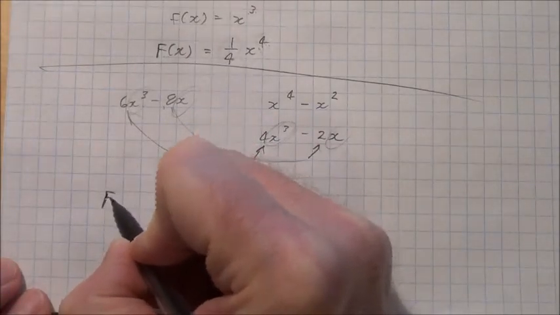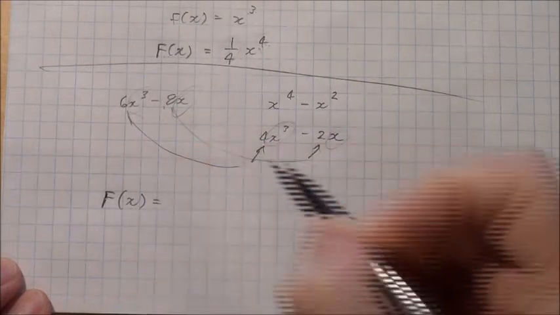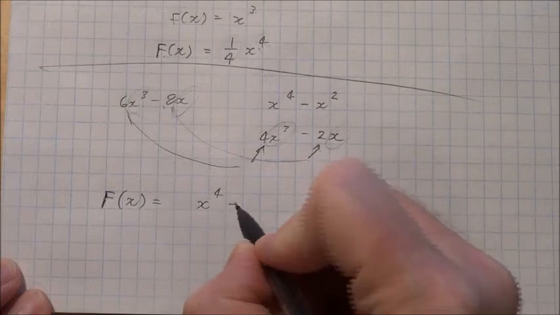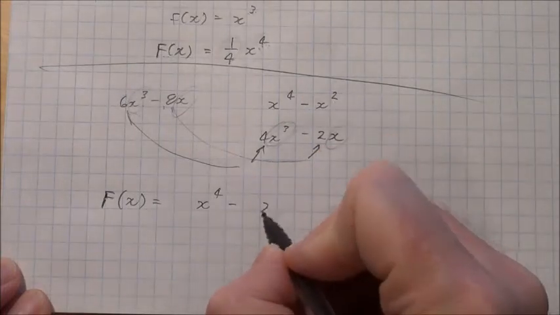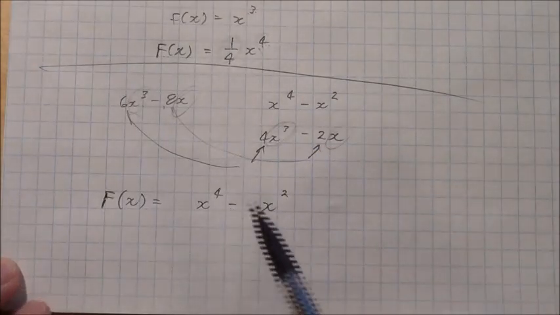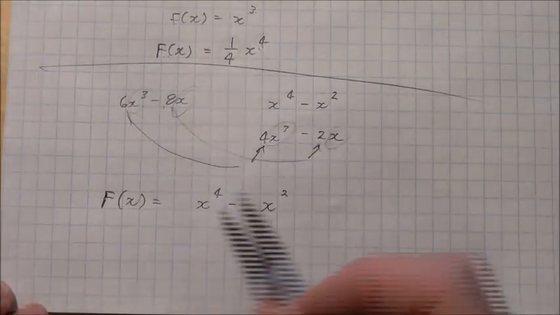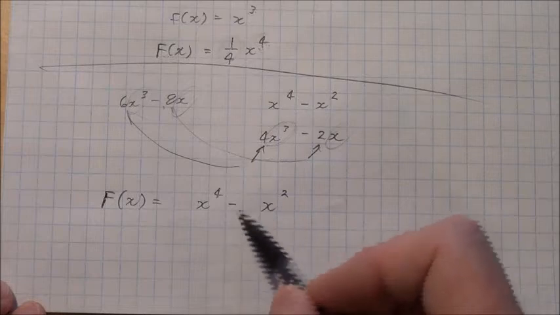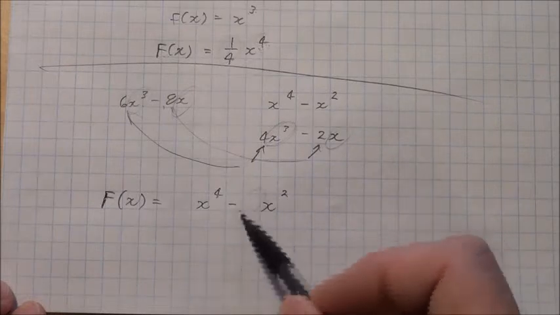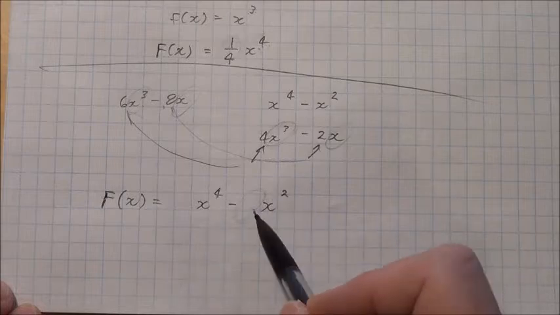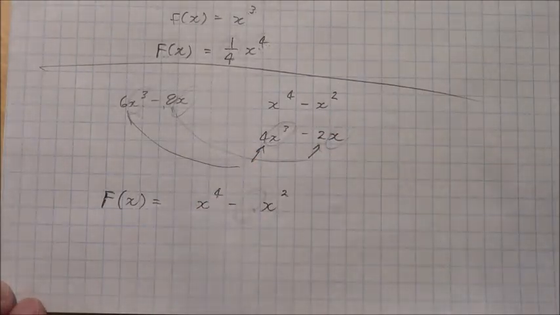So uppercase F of x is going to involve x to the power 4 and x squared, so that when we take the derivative of it, we get an x cubed and just an x. Now, what do we do? We'll do this one first. What are we going to multiply this power by to give us an 8?